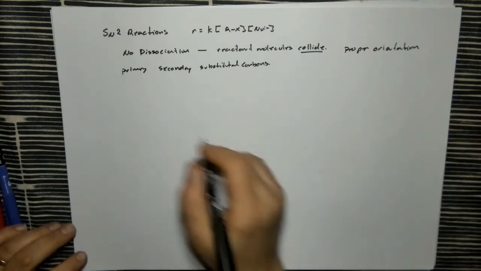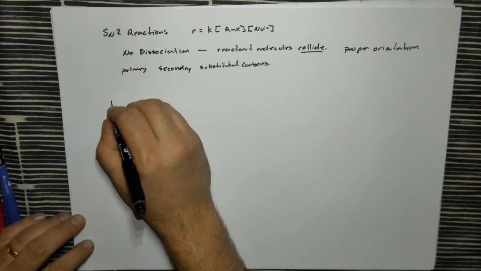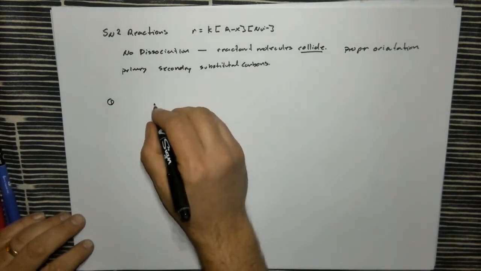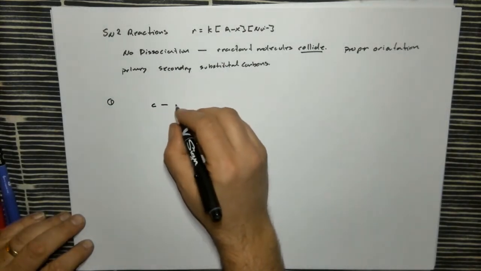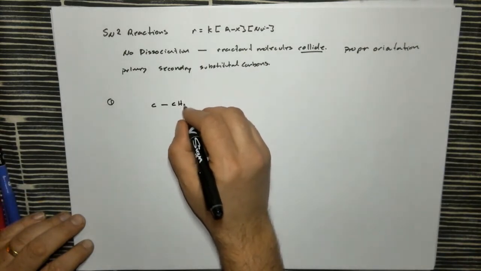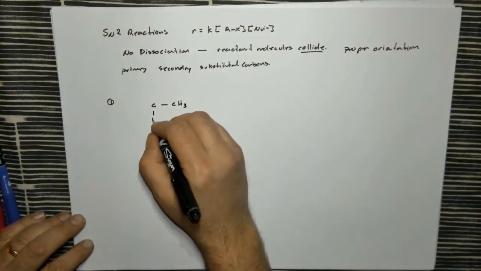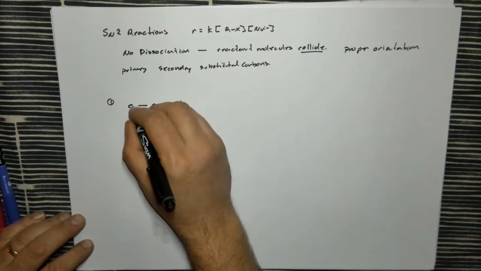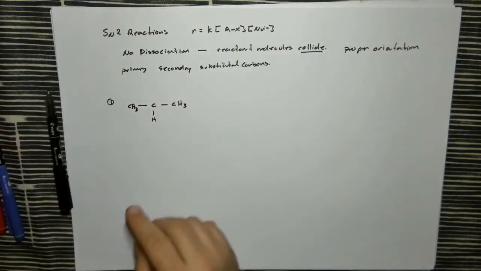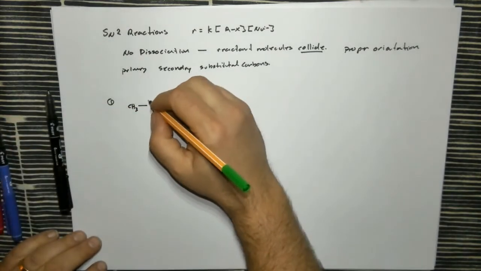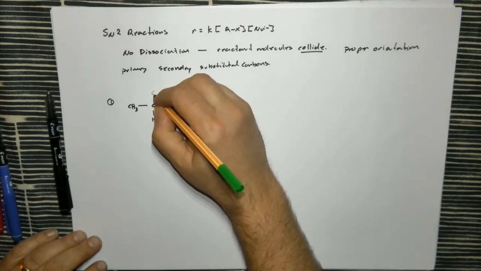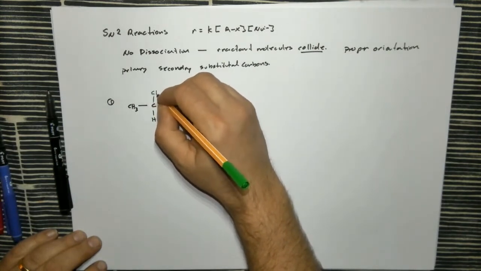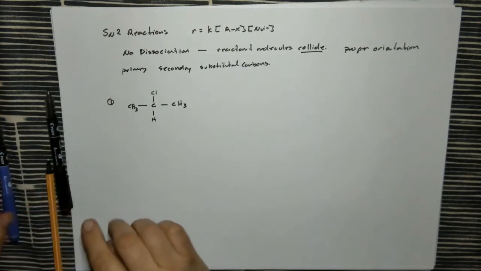So let's draw one, and we're going to basically use the same example as last time, but this time the reaction is going to proceed in a slightly different manner. We're going to put a chlorine on here, just like last time. And remember, it doesn't have to be a chlorine; it can be other particles as well.